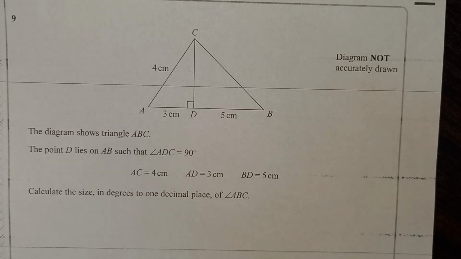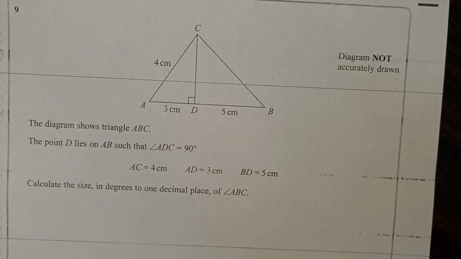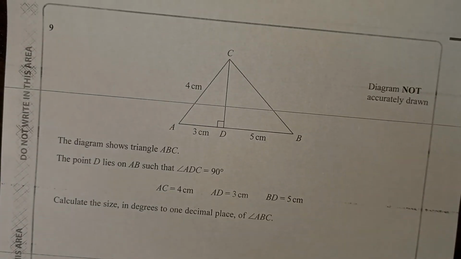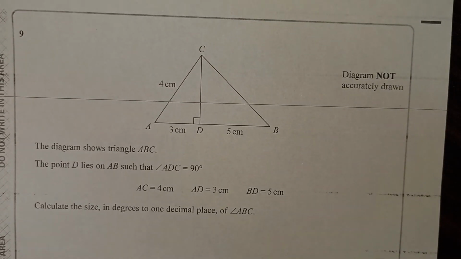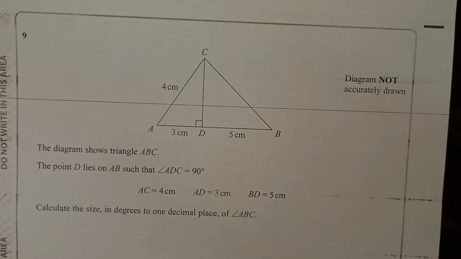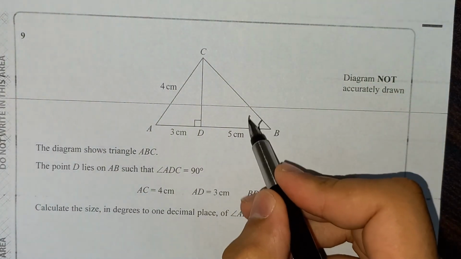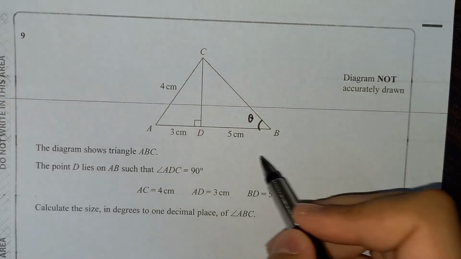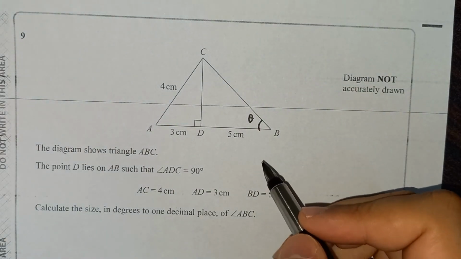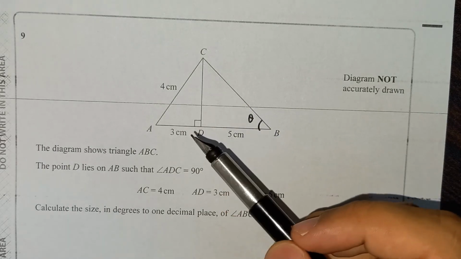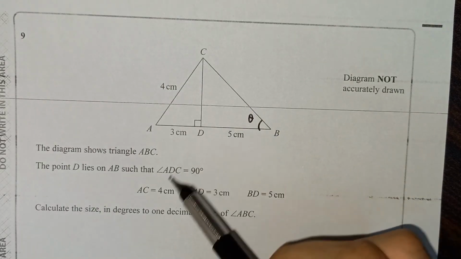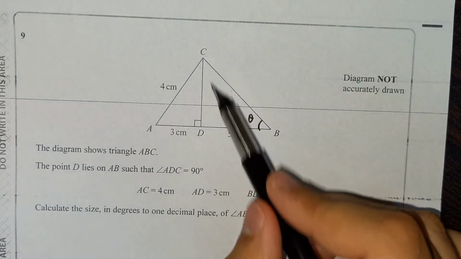By simply looking at the diagram, we can tell that this question is about trigonometry, and in trigonometry you will always need to use sine, cos and tan. Over here we need to find this angle, and to find it we need at least two sides, but right now we only have one, and the triangle also needs to be right-angled.